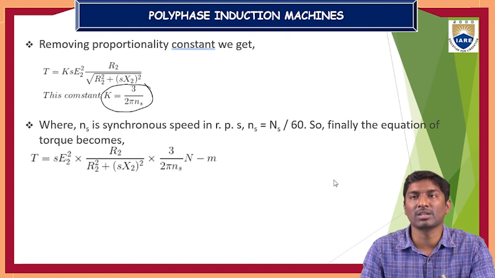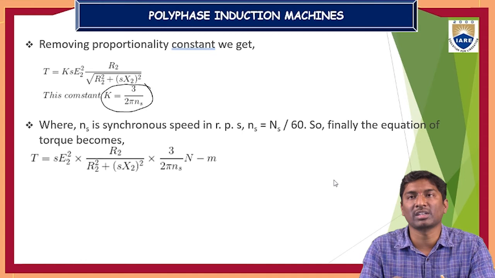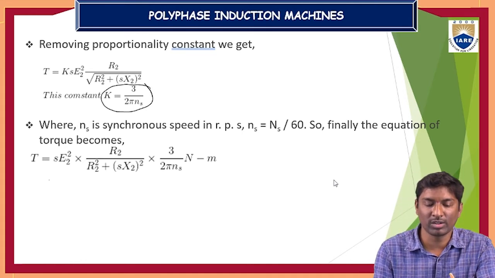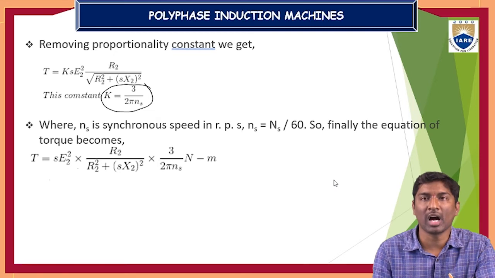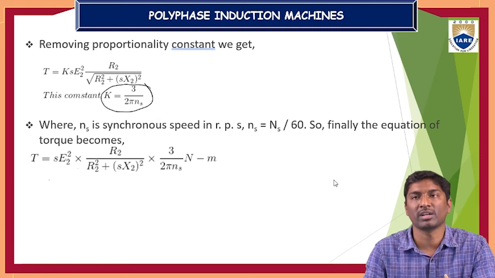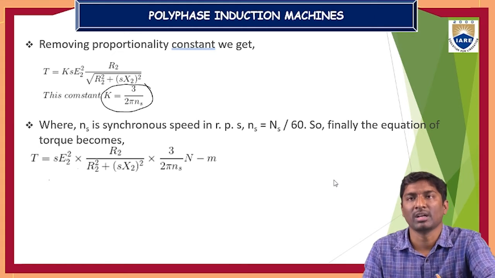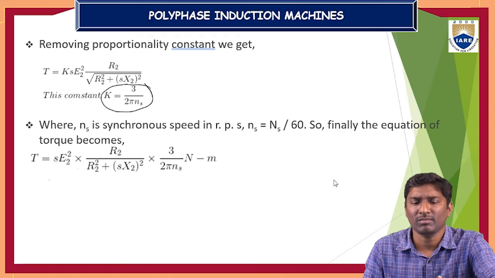So finally the torque equation becomes torque is equal to S into E2 squared into R2 by (R2 squared plus (SX2) squared) into 3 by 2 pi ns, in Newton meters.